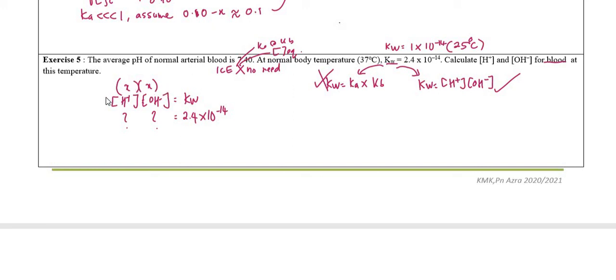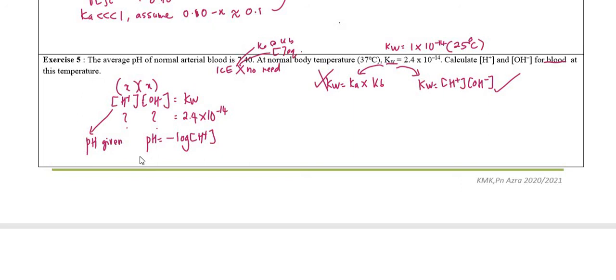So, apa yang perlu kamu buat? You kena cari concentration H plus. Kenapa saya kata kena cari? Because pH is given. Kalau pH given, kita tahu pH equals to negative log concentration H plus.